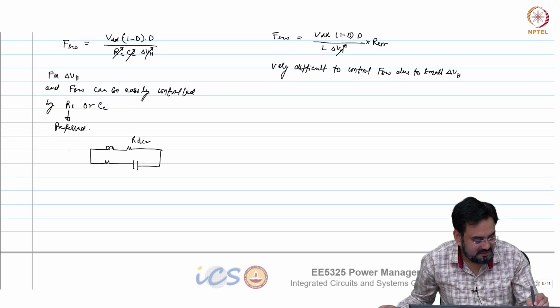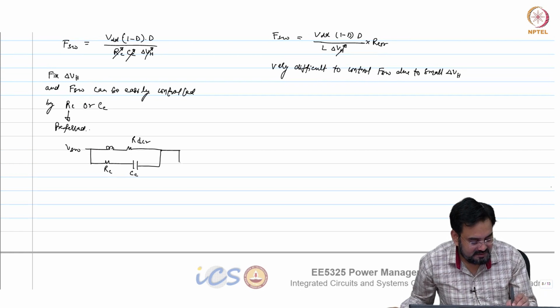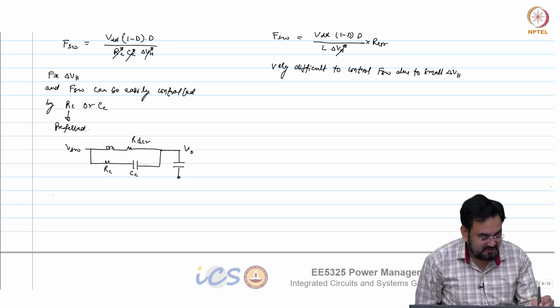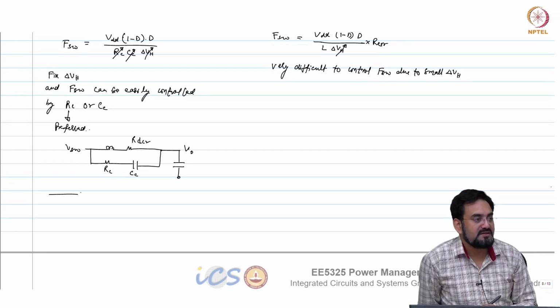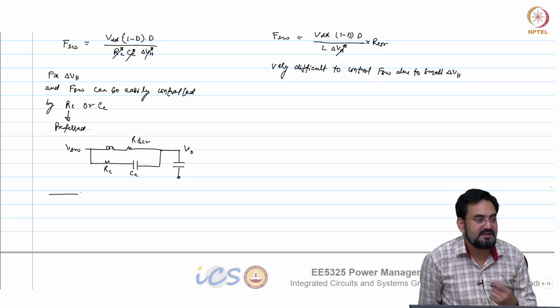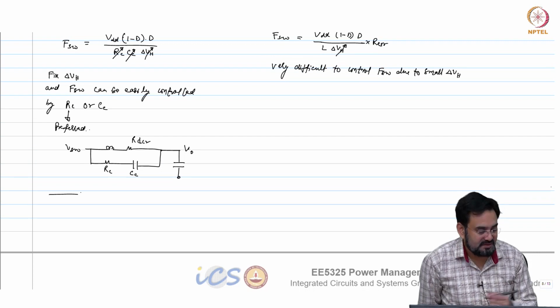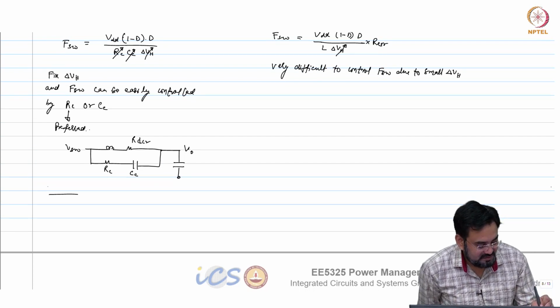RDCR, this is your VSW, RC, CC, this is your VO. First thing I need is a reference clock. If I want to operate at 1 megahertz, then it should be 1 megahertz. So I will call it CLK ref.